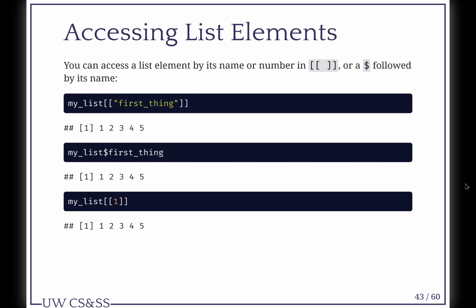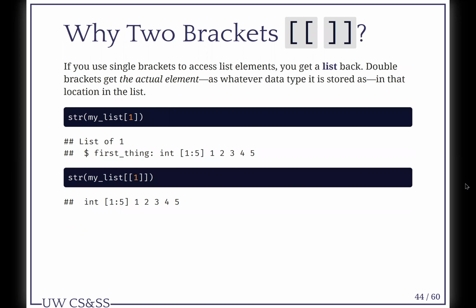And you're probably saying to yourself, why 2 brackets? If you use single brackets to access list elements, you'll get a list back. Double brackets will give you the actual element as whatever data type it is, stored in that location in the list.